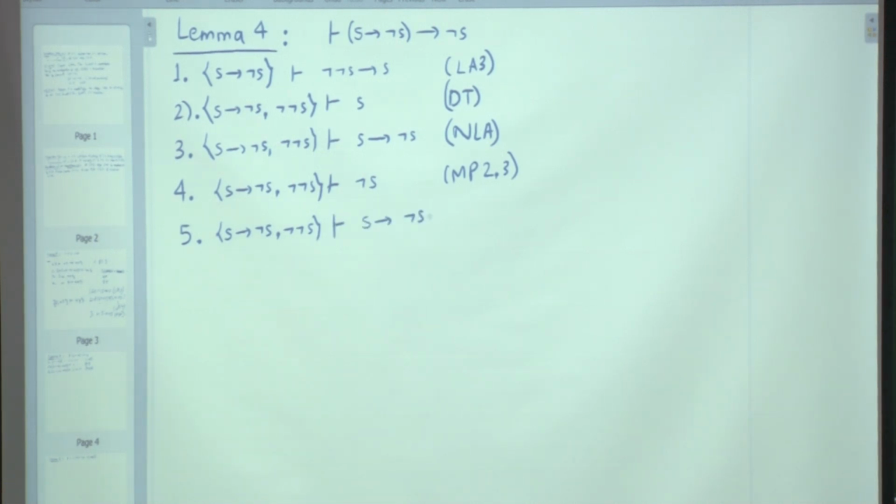S implies negation S implies, and here we have a chance to introduce whatever we want, because S implies negation S implies T, where T is arbitrary. So this is our chance, and we are going to introduce negation S implies S, and this is by lemma 2 and monotonicity.